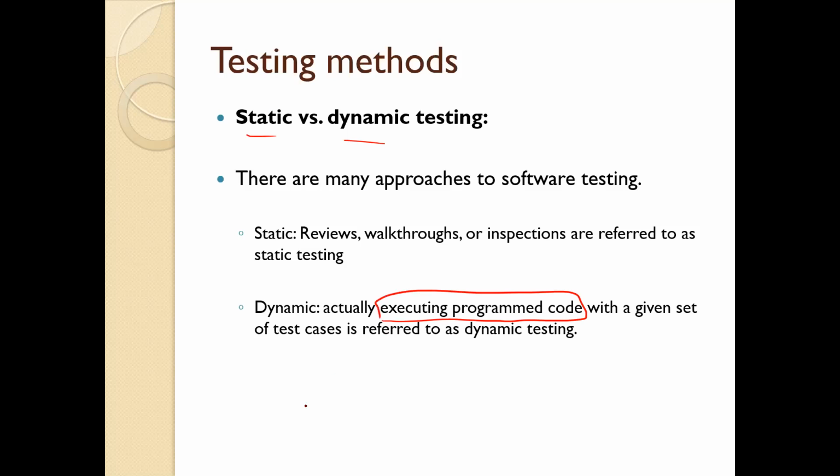So you're executing the code with a given set of test cases, and that's dynamic testing. That's pretty easy. One is reading the code, one is running the code. So read it, run it.